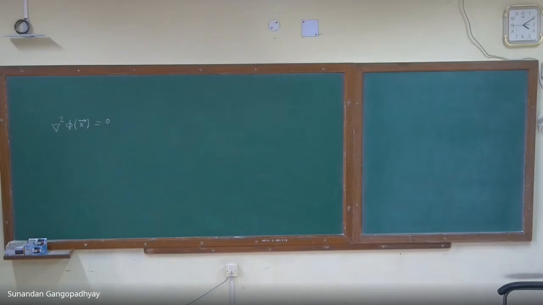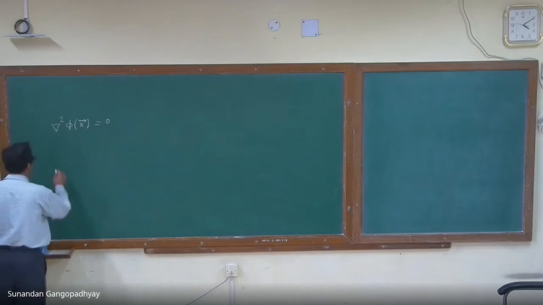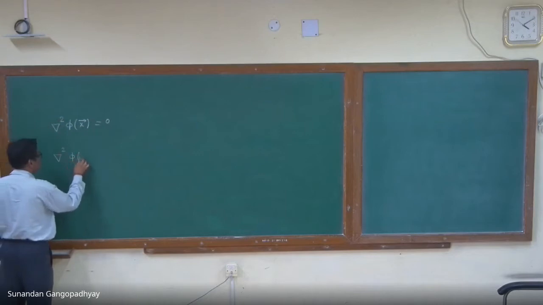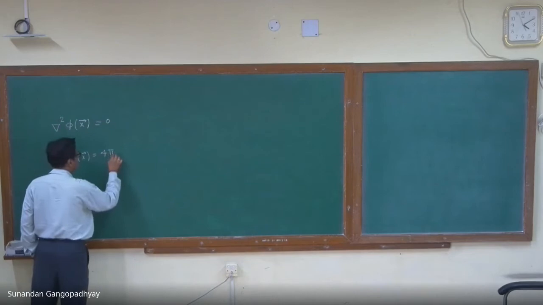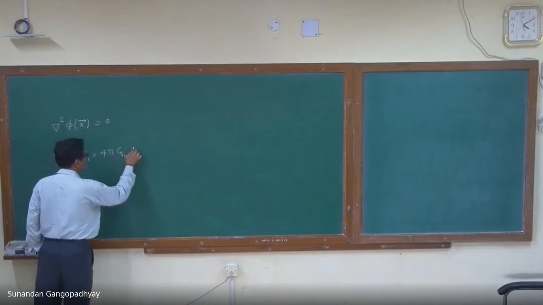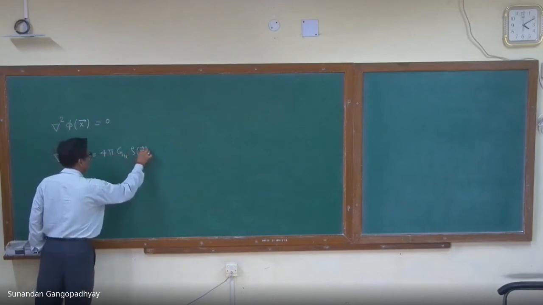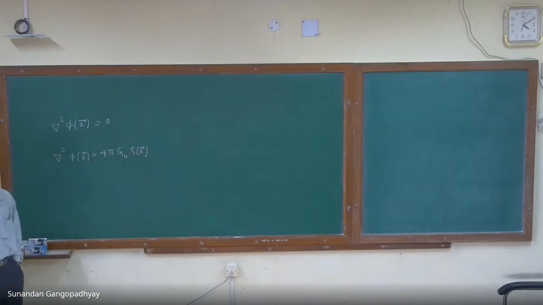The potential will satisfy Laplace's equation. And in regions where there are sources, the equation will be the Poisson equation, where this rho basically describes the matter density in the given region. So this we already know.